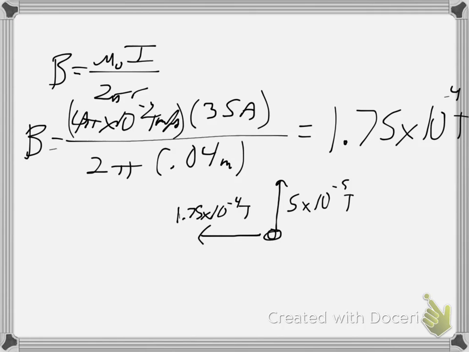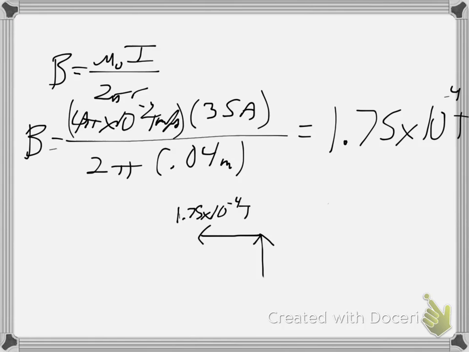Now, if we want to figure out what the angle is, we have to add these up via vector addition. And when you add it via vector addition, you add these things head to tail, which means that my Earth's vector needs to be put at the tail of my other vector.